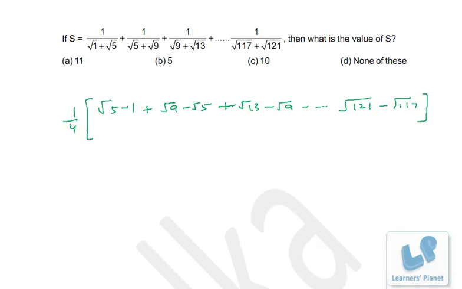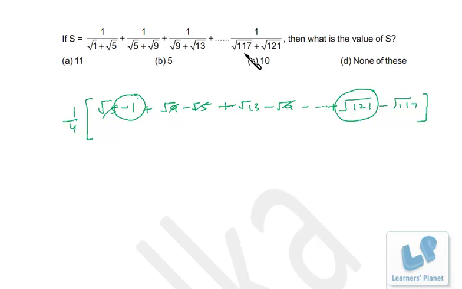Okay, so if we simplify this, all the terms will be cancelled except this minus 1 and this root 121, because in the previous expression there might have been root 113 plus root 117.